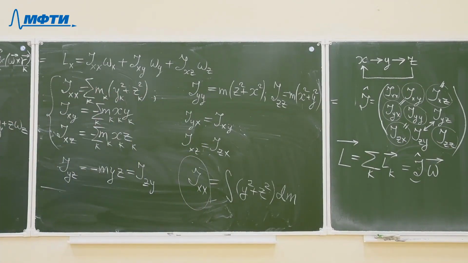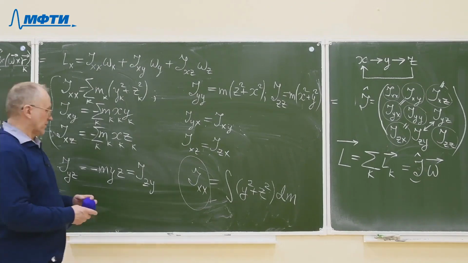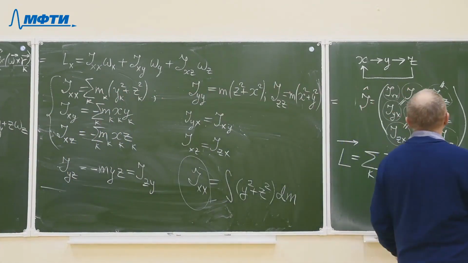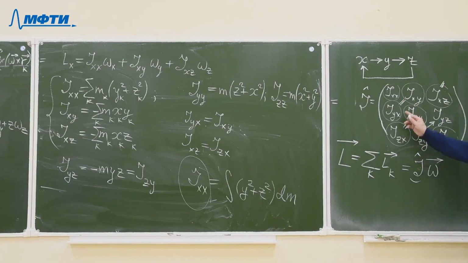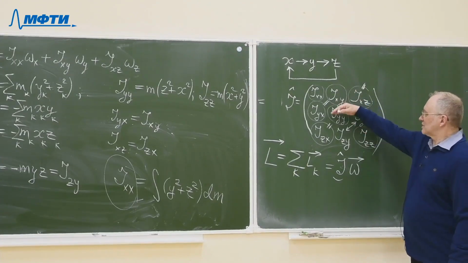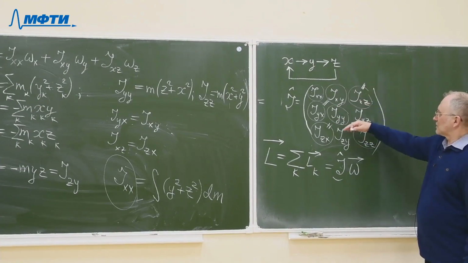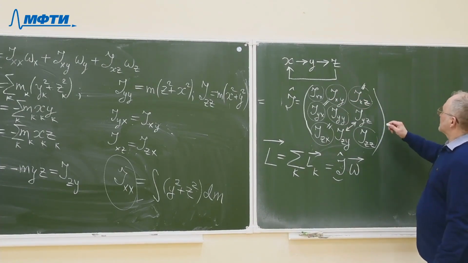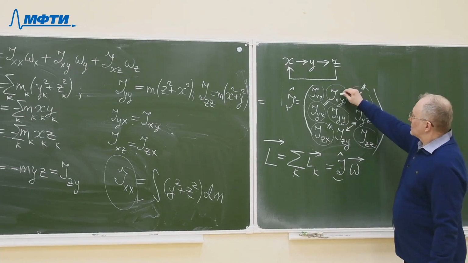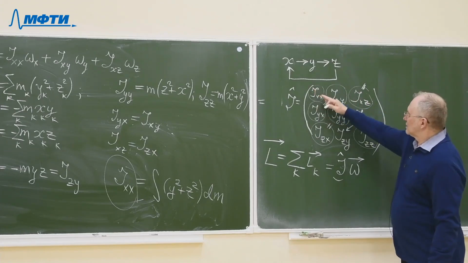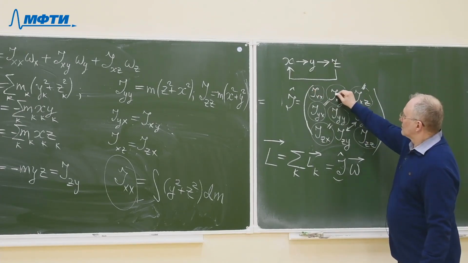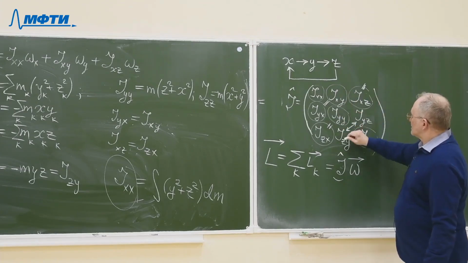So that's as far as the tensor of inertia is concerned. Just a few final remarks. How many components are there in this tensor of inertia? Altogether 9 components, 3 times 3, 3 columns and 3 rows. But the components which are symmetric with respect to the main diagonal are equal. These two are equal, and these two are equal.